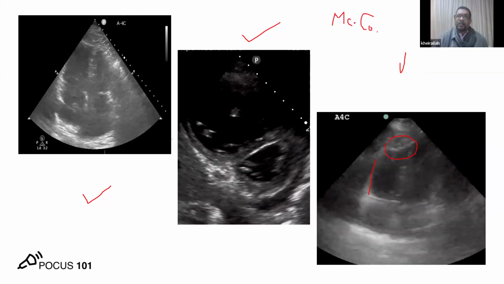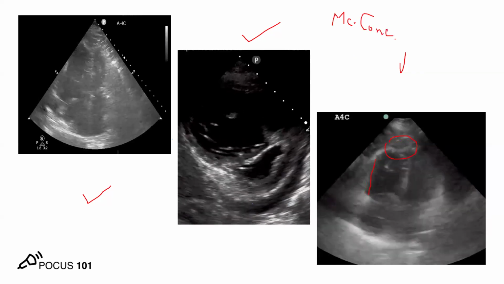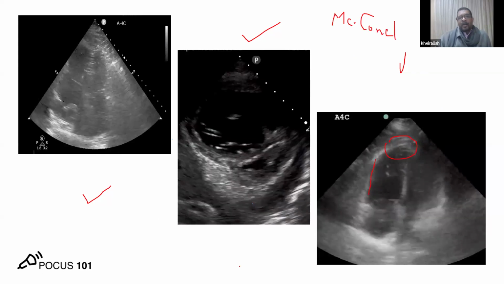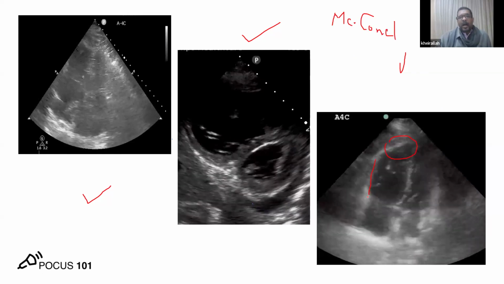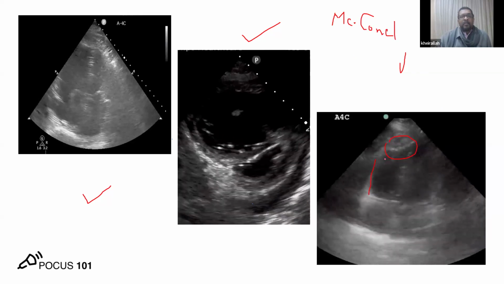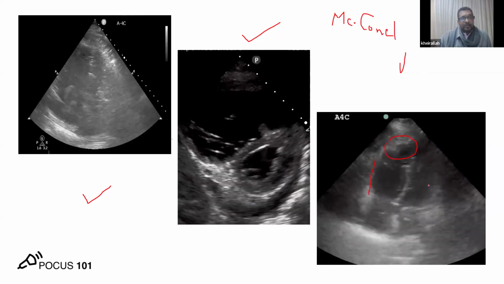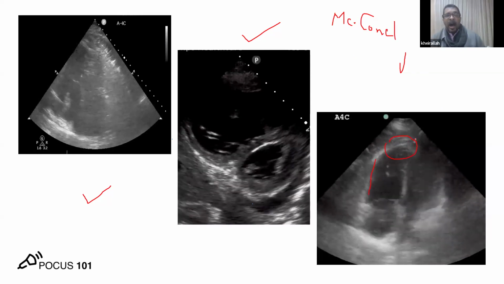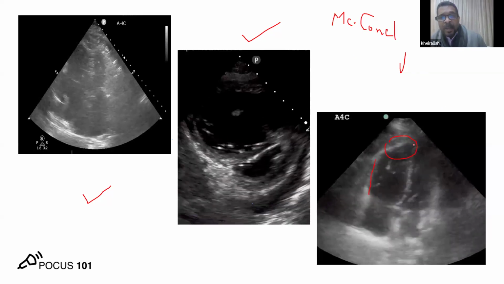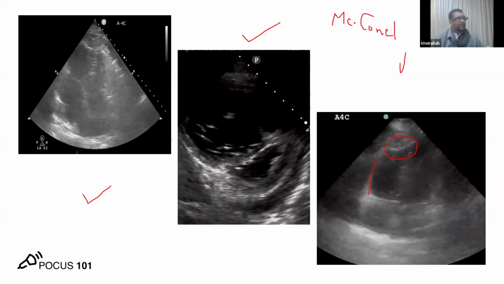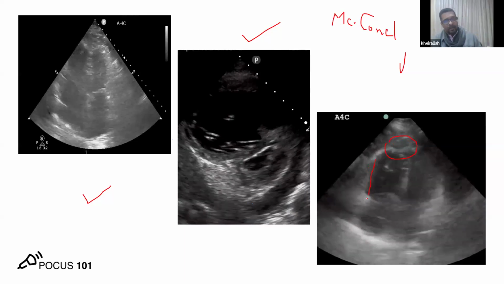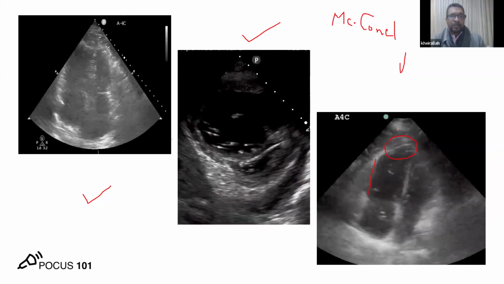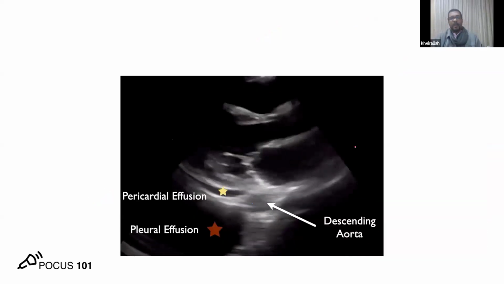This sign is specific for pulmonary embolism, in which you have RV free wall hypokinesis but apical hyperkinesis. Or you could say apically sparing RV hypokinesis. This is the McConnell sign, which is specific of pulmonary embolism.